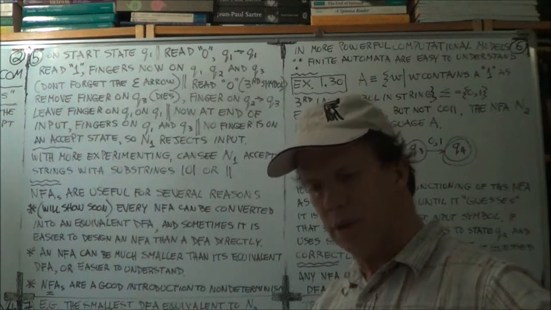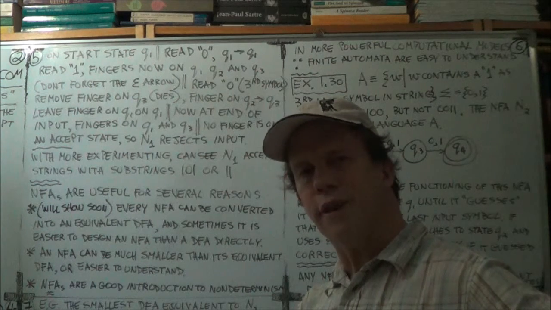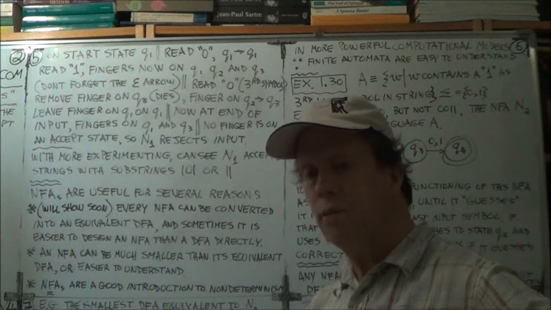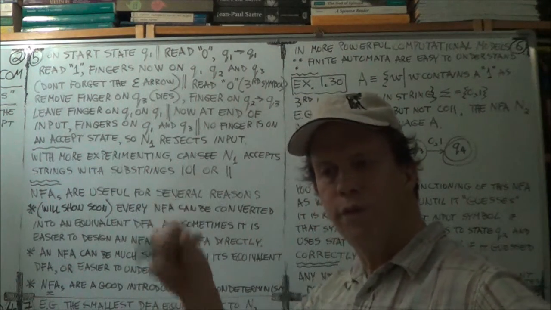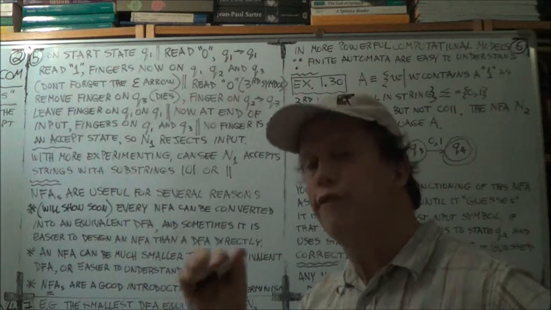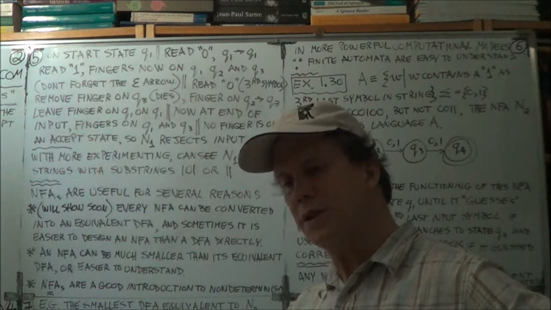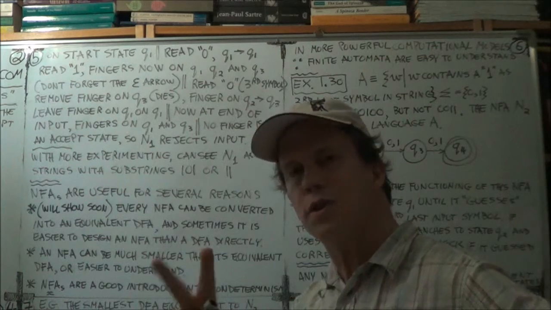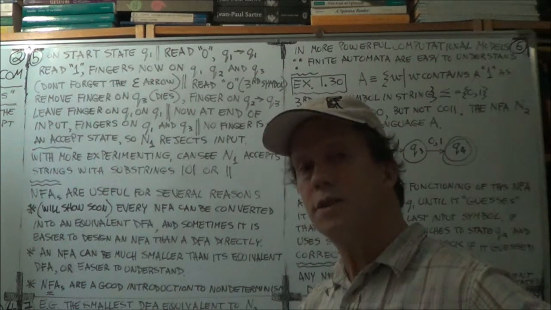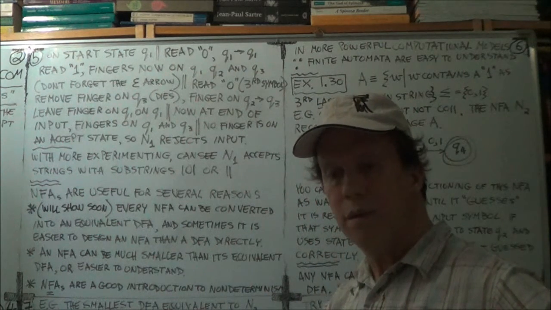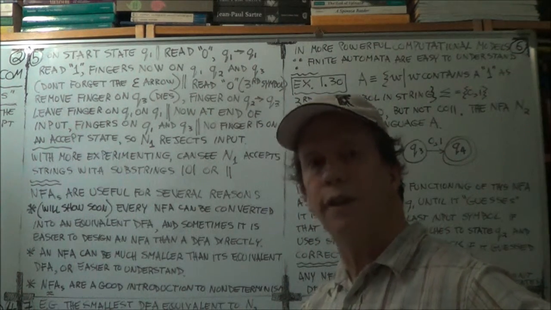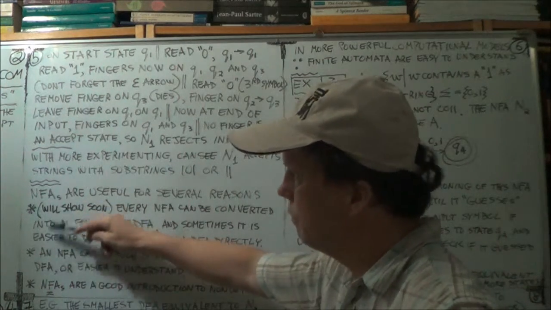One way would be just to find the DFA directly, and that may end up being more work than a more indirect, two-step approach, where you first design an NFA and then from the NFA you find the equivalent DFA. Even though it's two-step, it may end up being less effort, easier to understand, easier to do than the one-step direct design of a DFA. Okay, so important consideration.